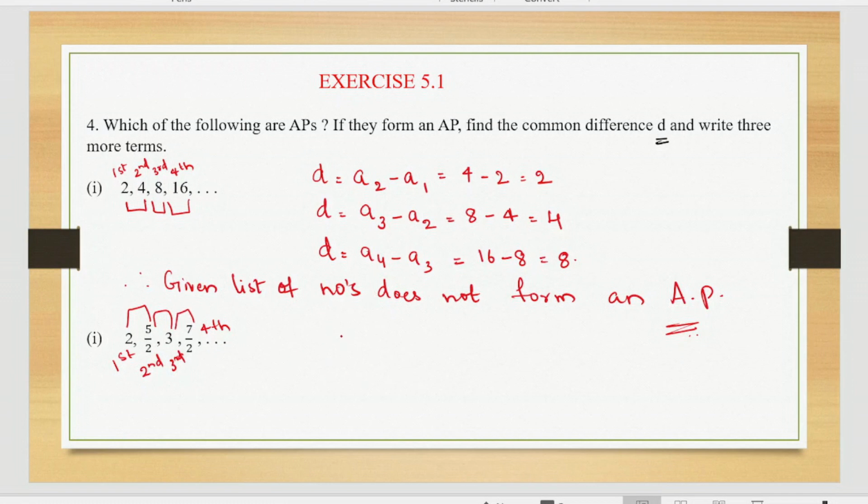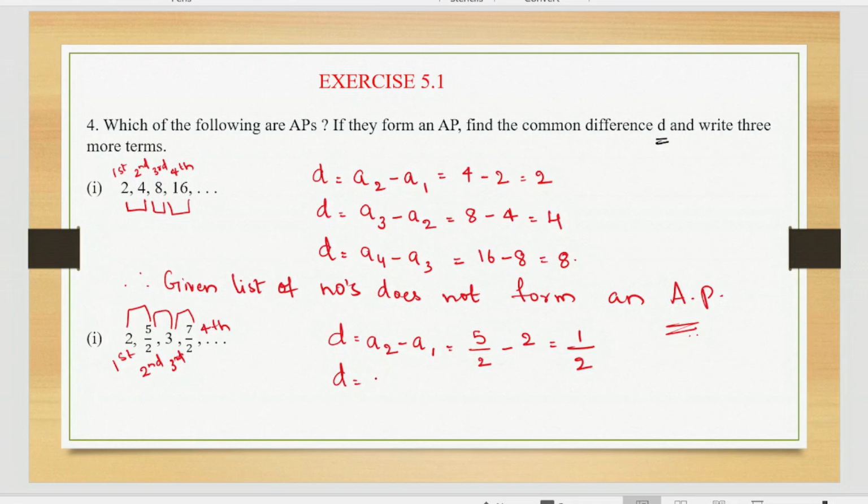The common difference of the first two terms is A2 minus A1. So we subtract the first term from the second term to get the common difference, which is 5 by 2 minus 2. The LCM is 2. 5 minus 2 into 2 is 4. 5 minus 4 is 1. Here the common difference is 1 by 2.